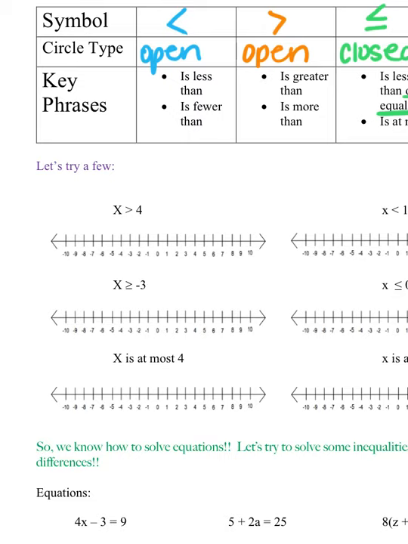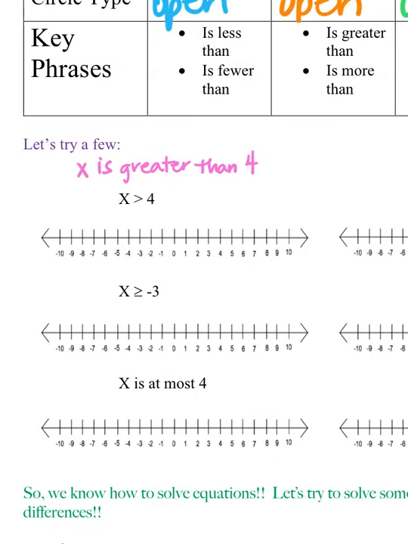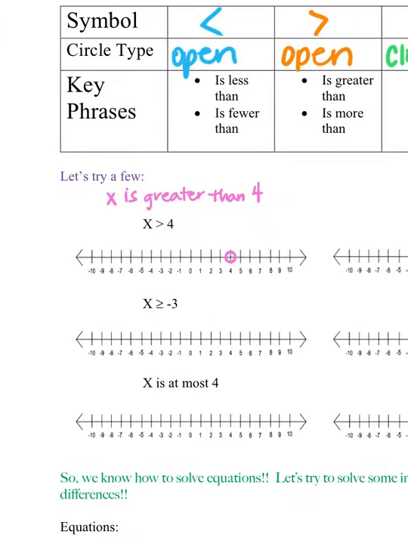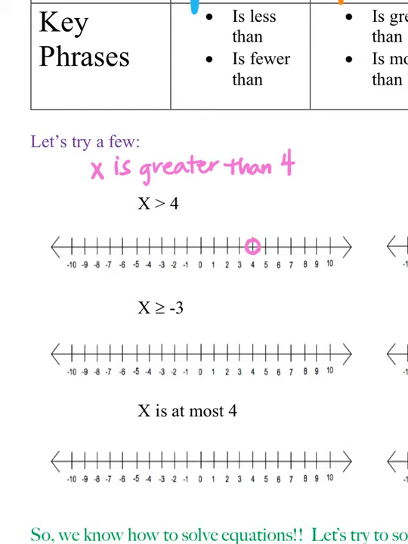Okay, so now that we've got that taken care of, let's look at a couple here. X is greater than 4. So I'm going to start with finding 4 on my number line, and I'm going to make a circle. If I look above, it says that my circle is open. So that's what my circle would look like.